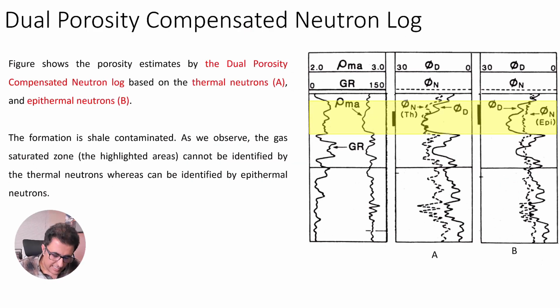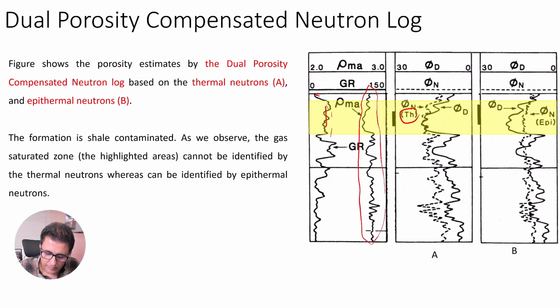So here is an example. What you see here is the density log data, and here the gamma ray data. As you see, the gamma ray reading is quite high. It means that this formation is shale. In the middle, what you see is phi d versus phi n obtained by thermal neutrons.